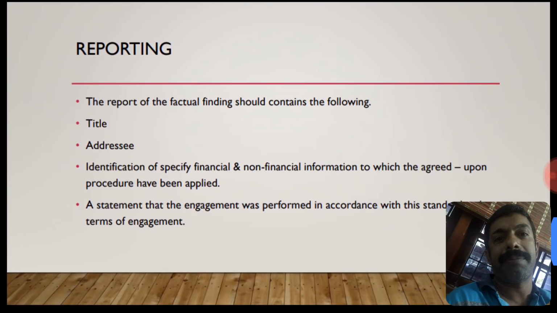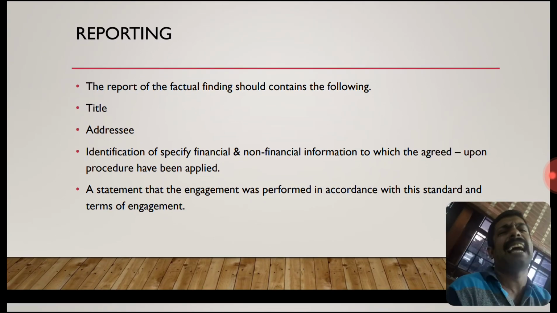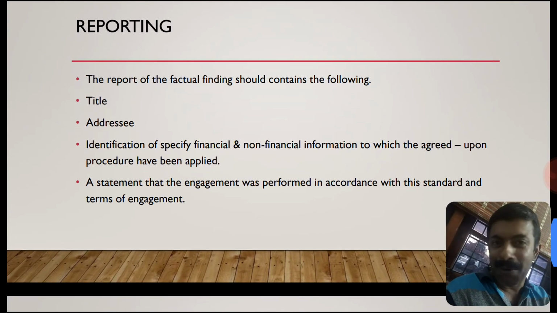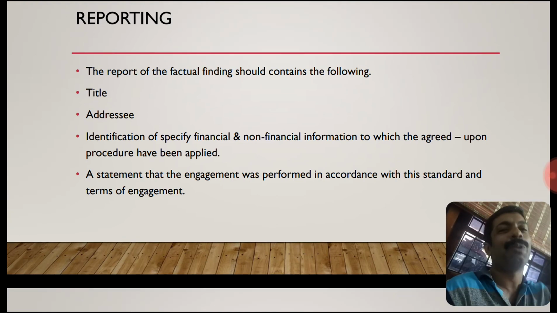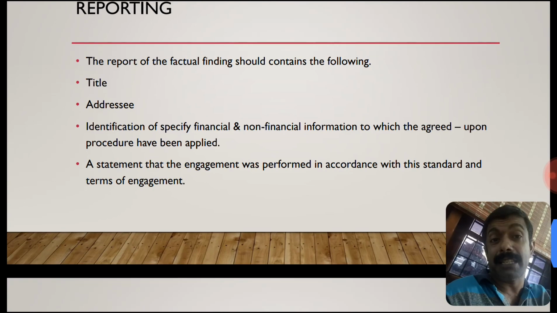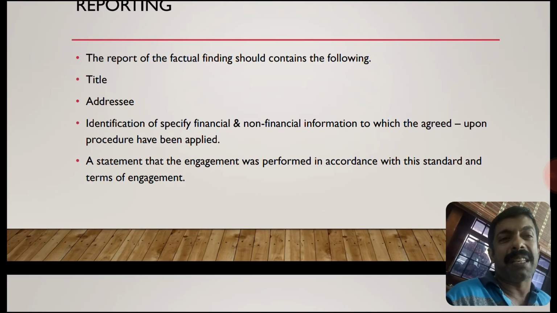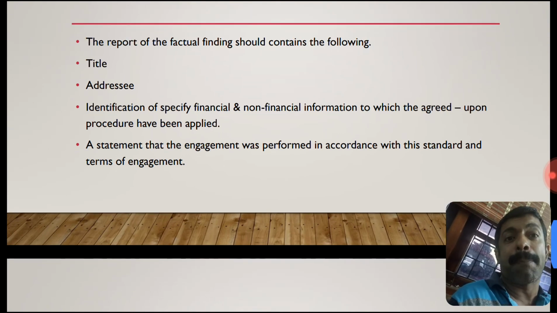Reporting. Then the audit report. How will the reporting be? The title is not an independent audit report. It's a specific report addressed directly to the client or third party as the case may be. Identification of specific financial and non-financial information to which agreed upon procedures have been applied.